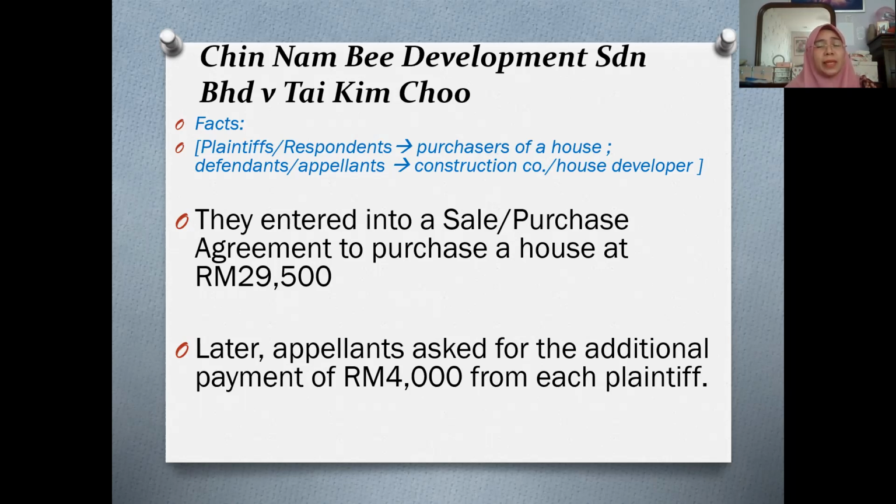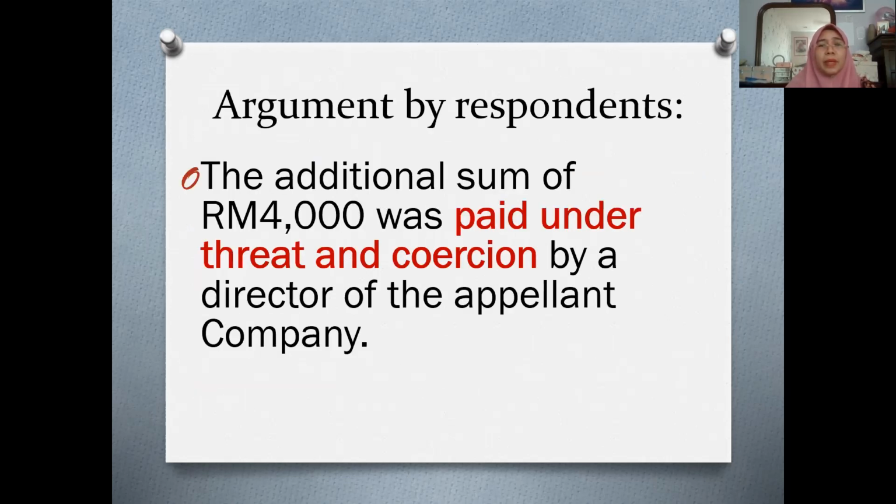Both parties entered into a sale and purchase agreement to purchase a house at 29,500, in those days, 1988. Later, the appellants, the construction company, asked for an additional payment of 4,000, which is a big amount, from each house buyer.